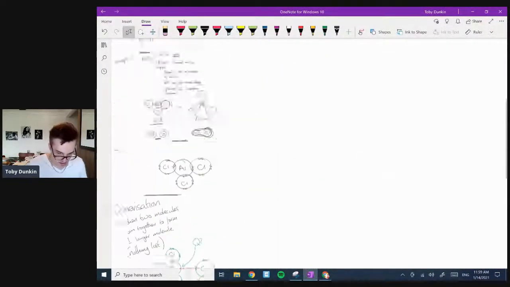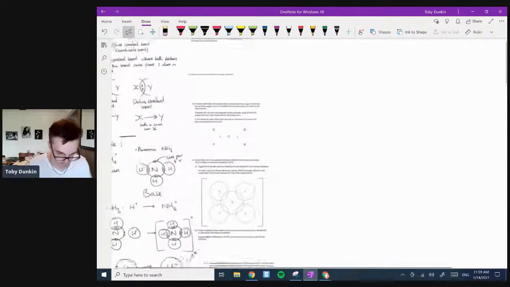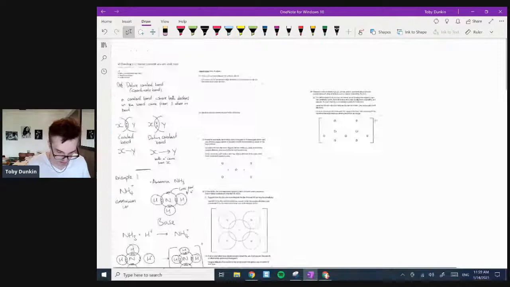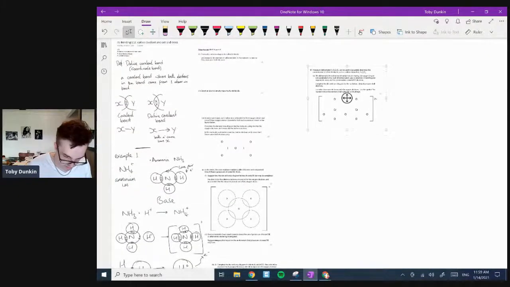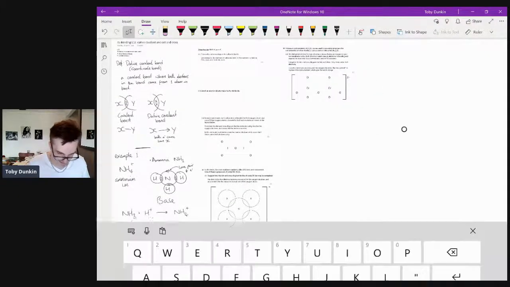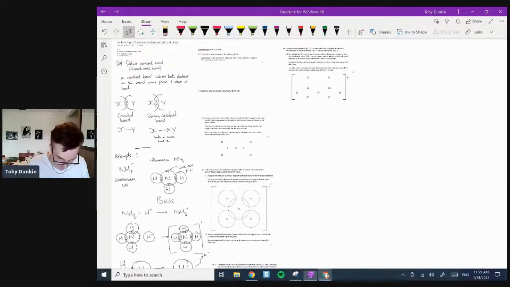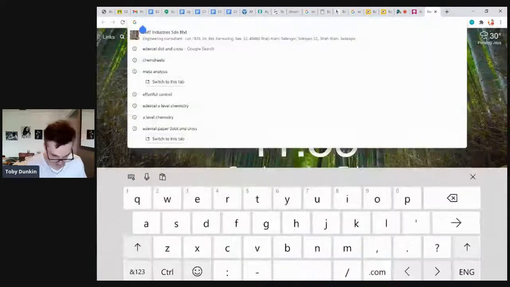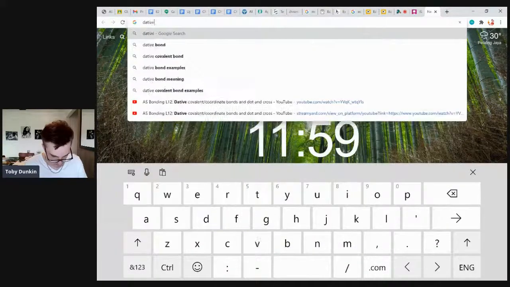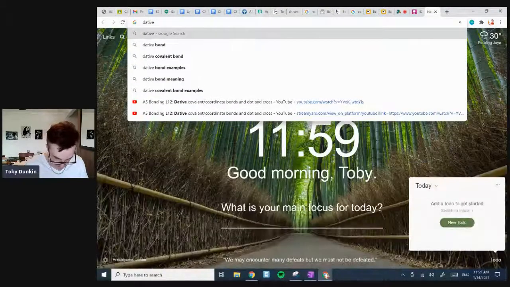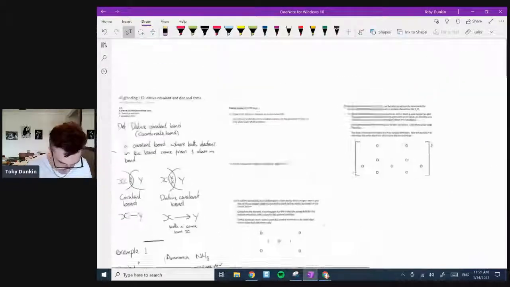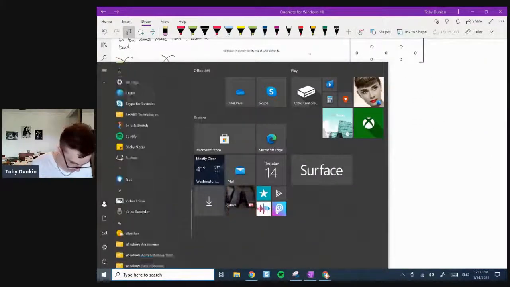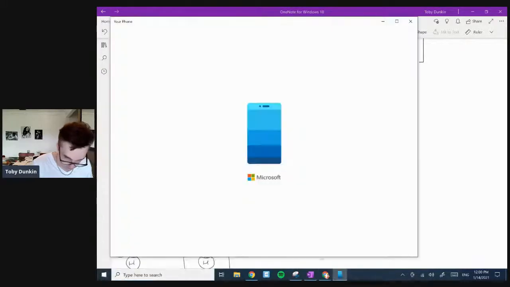Right, so we're done with dative covalent. I do want to show you that you do need to be able to identify it and recognize it. I want to show you an exam question of that type as well. So if I now Google, actually I might have one. Do I have one already? I might actually have one, because I was putting together a homework for you guys.